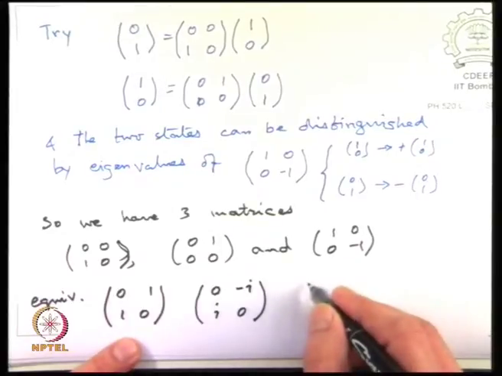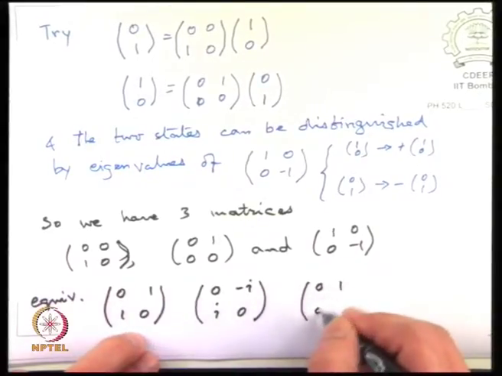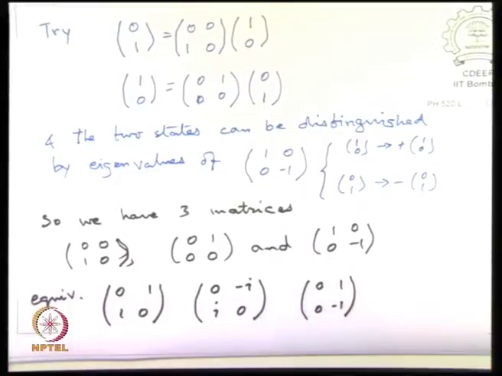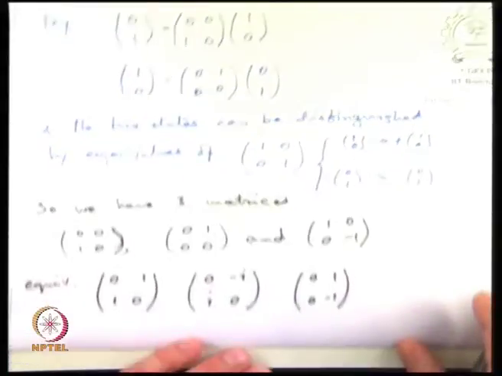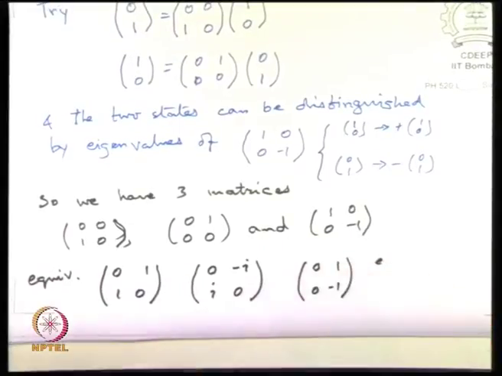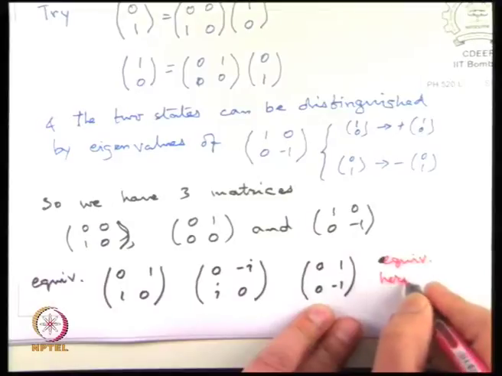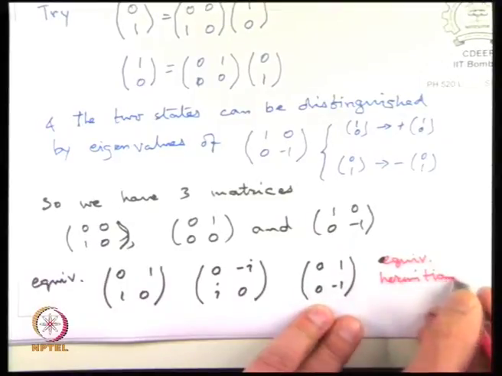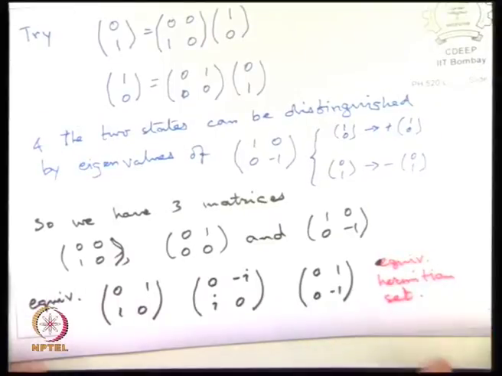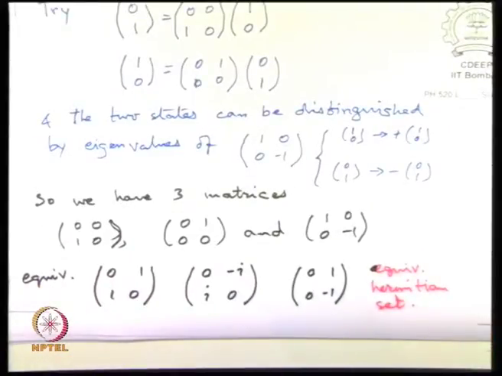And then there is 0 1 0 minus 1. Okay. So these are the equivalent Hermitian set. And what is nice about this is that these 3 Hermitian matrices exhaust the basis for unitary matrices in 2 dimensions.